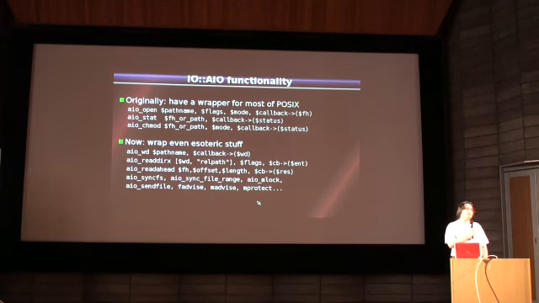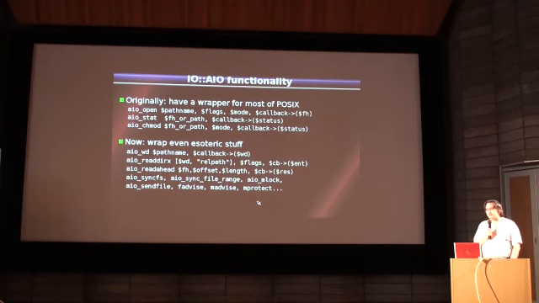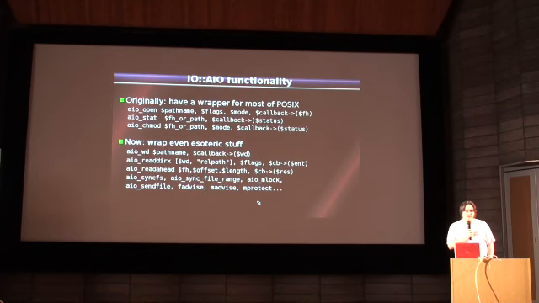Nowadays, it wraps even very esoteric stuff. For example, POSIX 2008 has a current working directory abstraction, which you can access with AIO WD, or there's a function that reads a directory and tries to give you the optimal order to stat all the files in it, and things like that.